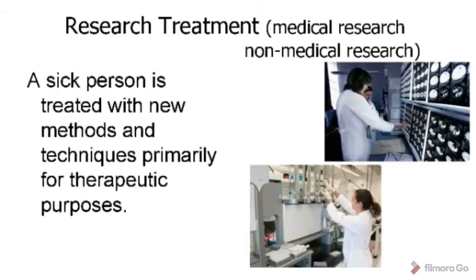The next one is the research treatment. It can be medical research and non-medical research. It has direct treatment for the patient. It requires proper research and experimentation in which it has been used to provide direct help or solution for the clinical needs.